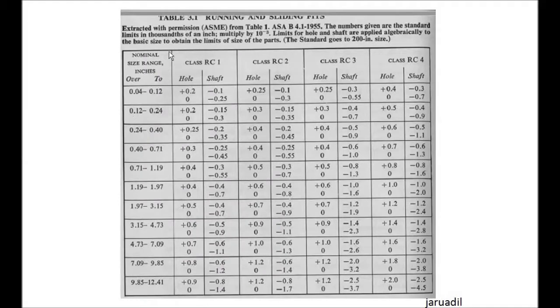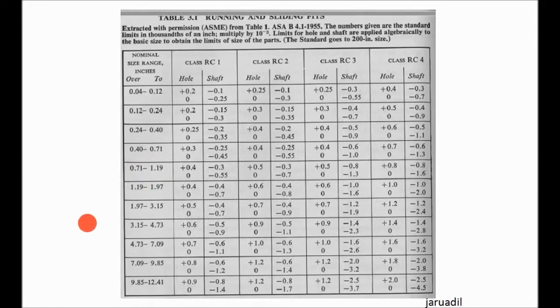So sa table 3.1 of our textbook, Design of Machine Elements, makikita niyo dito yung mga type of tolerances, yung mga different brackets ng tolerance. Halimbawa, ang nominal size, okay, ito yung first column is the nominal size. Halimbawa, 1 inch yung shaft mo. So, mapatak yan dito sa 0.71 to 1.19.